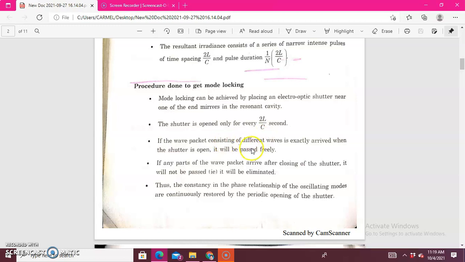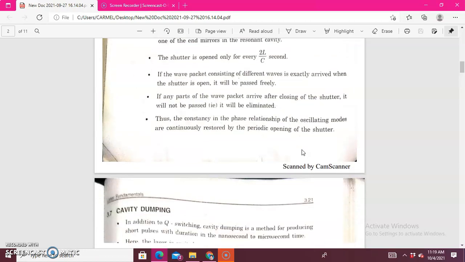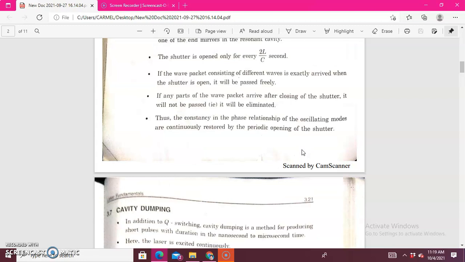If a wave packet consisting of different waves arrives exactly when the shutter is open, all of these will pass. If the shutter is closed, they will not pass across the cavity, so they will be eliminated. The consistency in the phase relationship of the oscillating modes is continuously restored by the periodic opening of the shutter. So depending on the opening and closing of the shutter, we can get the particular pulse. That is mode locking.